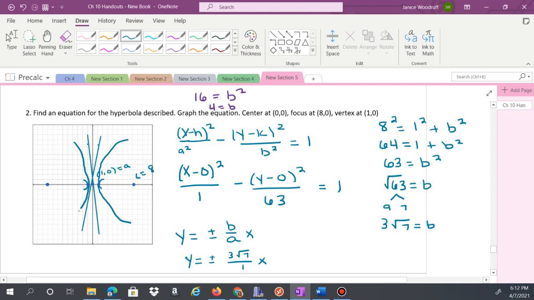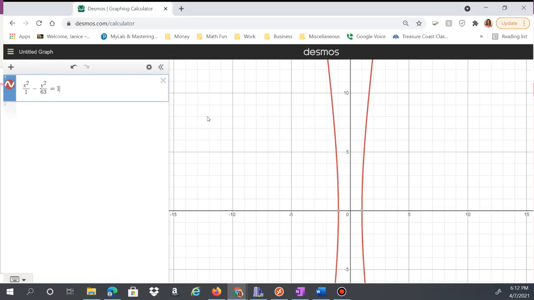But if we really want to see what these look like without my terrible drawings, we can go on Desmos. So I did get this. Let me put this in here actually for you guys. So x squared is 1 minus y squared over 63. Okay, so here's a better rendering of the graph.